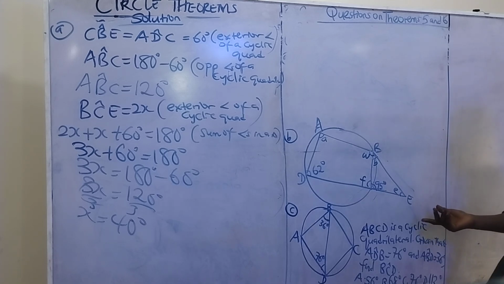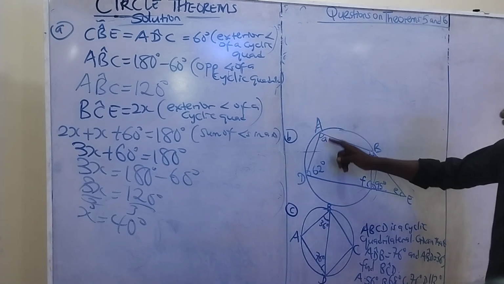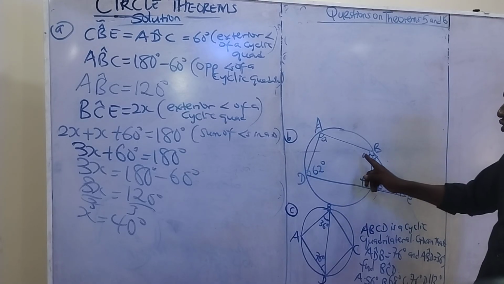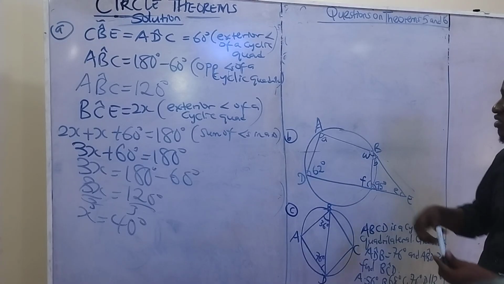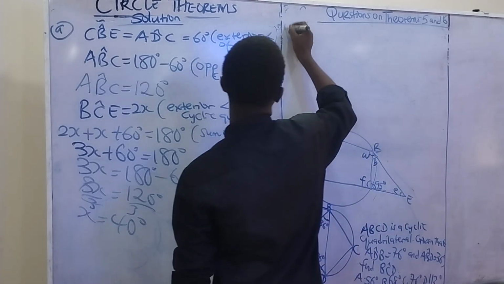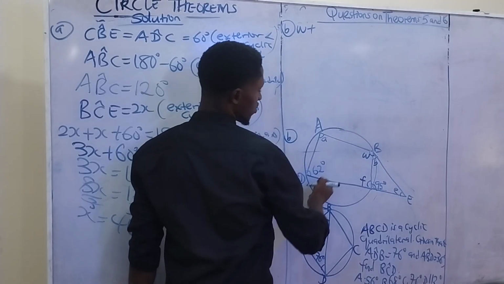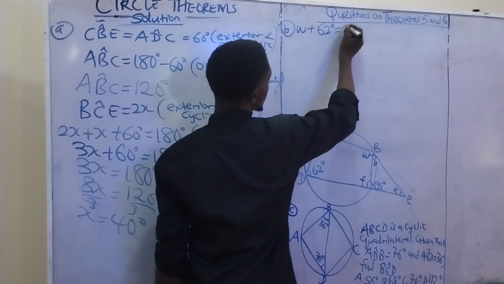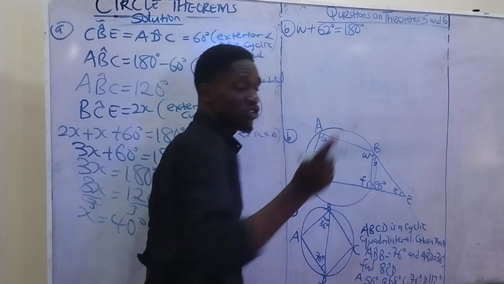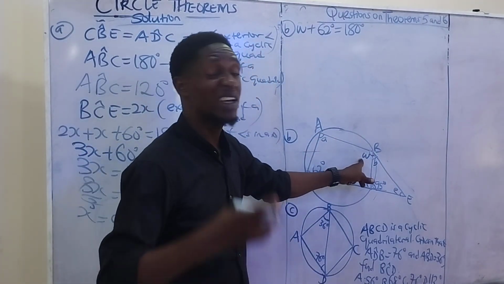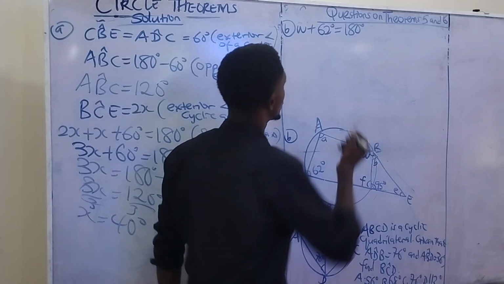So where do we start from? We have to start from the inside because we have a value given to us. This plus this are opposite angles of a cyclic quadrilateral. So going by this, our W plus 62 degrees is equal to 180. Remember the theory, the opposite angles of a cyclic quadrilateral are supplementary, meaning 180 degrees.